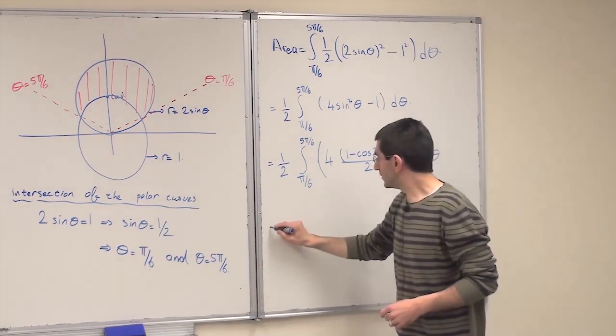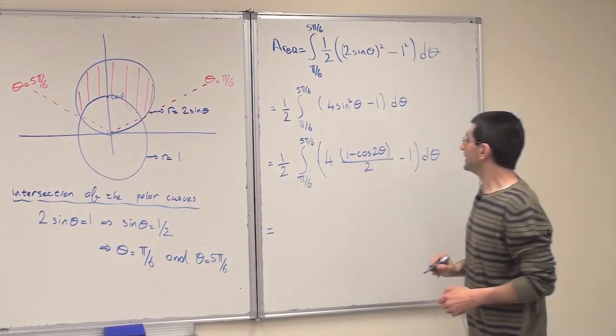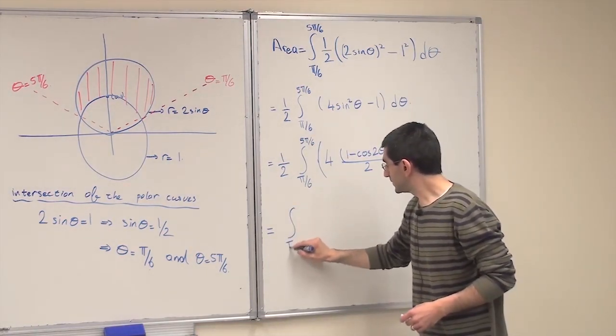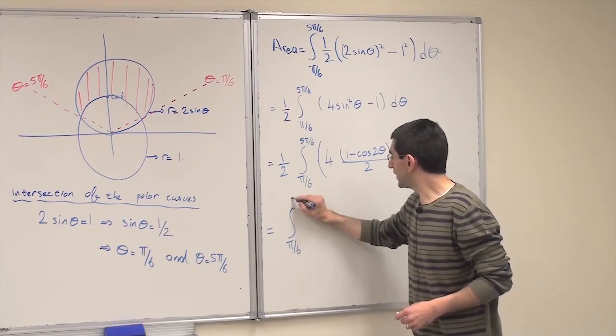And then we simplify this integral. So pi over 6 to 5 pi over 6.